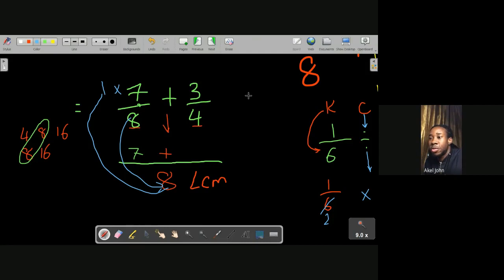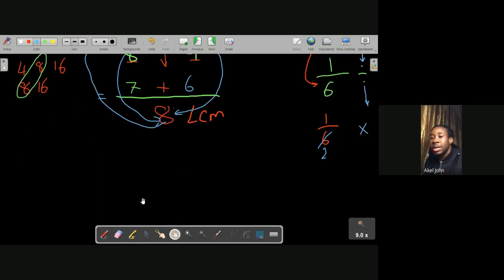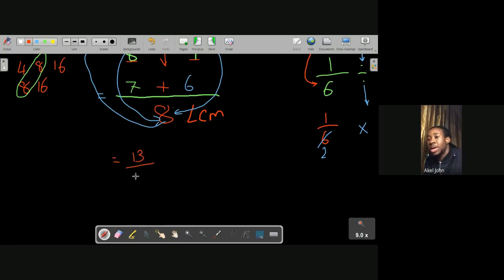How many times can the denominator of the right fraction, which is 4, go into 8? 4 can go into 8 twice, and that is 2 times 3, which is 6. 7 plus 6 would give you 13, and that is 13 over 8.